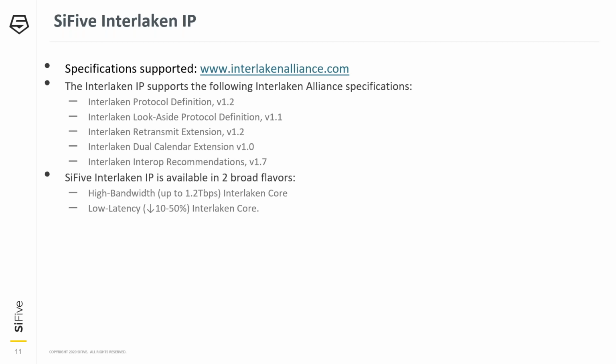And we support all of these standards in our core. Now, the SiFive Interlaken IP is available in two broad flavors: the high bandwidth version, which can go up to 1.2 terabits per second, and the low latency version, which reduces the latency by up to 50% as compared to the high bandwidth version.